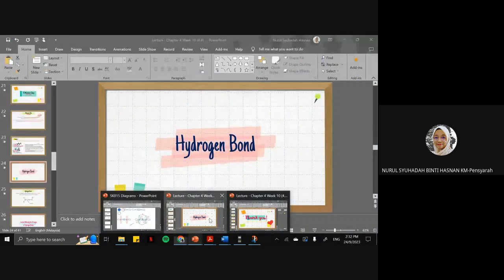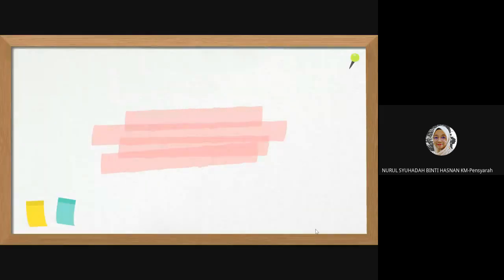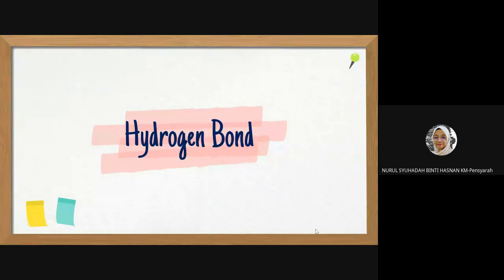Okay, so kita sambung kepada kita punya hydrogen bond. So, like I said just now, hydrogen bond dia takkan berlaku dekat semua atom. Hydrogen bond akan berlaku dekat mana? It will occur between hydrogen atom that is bonded to these three atoms, fluorine, oxygen and nitrogen, which are the three most electronegative atoms.